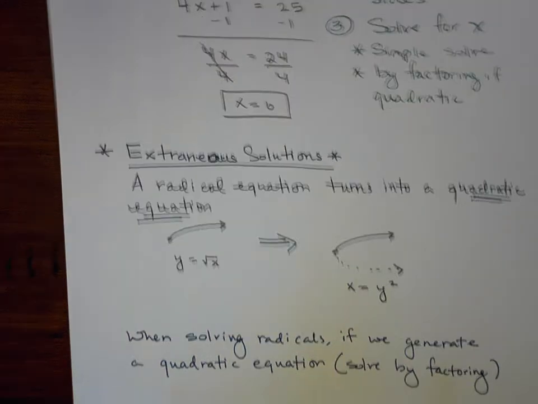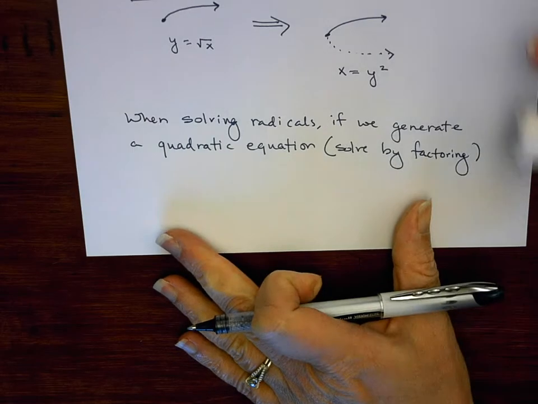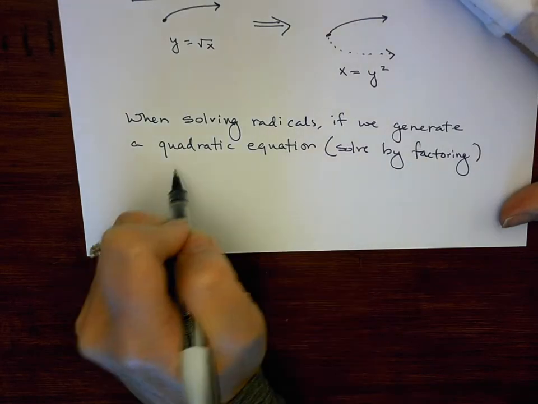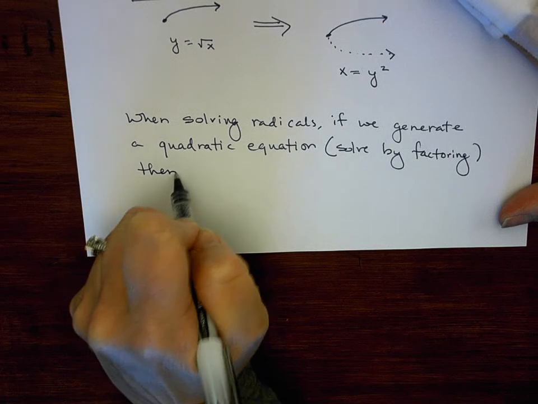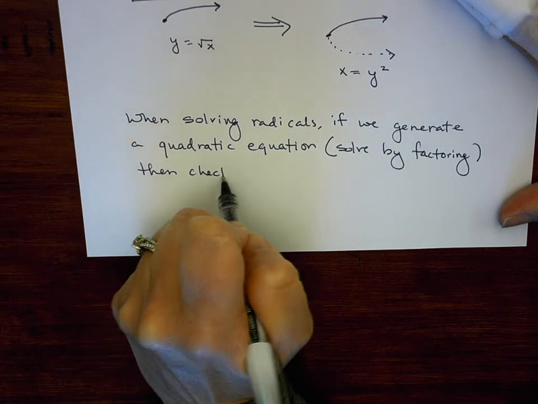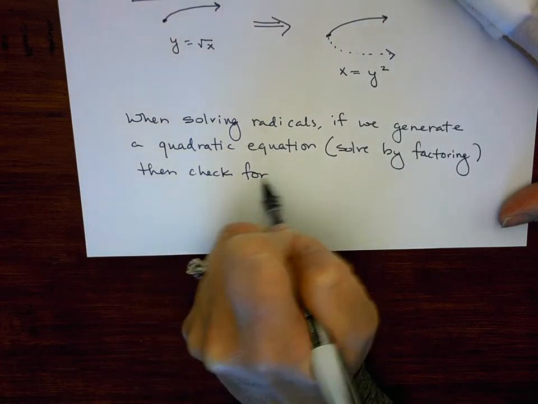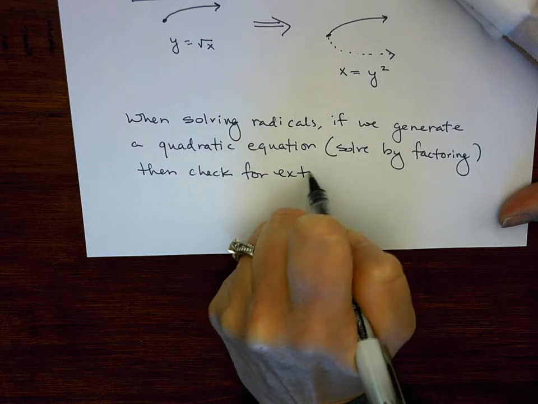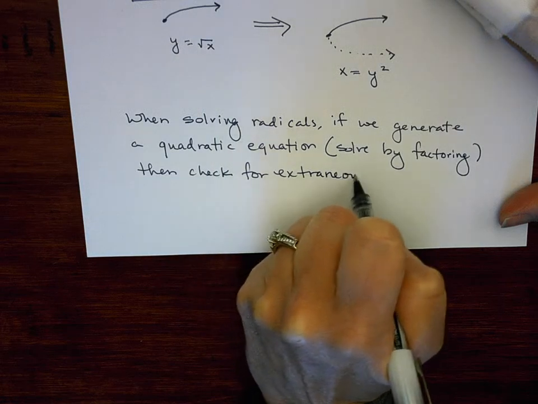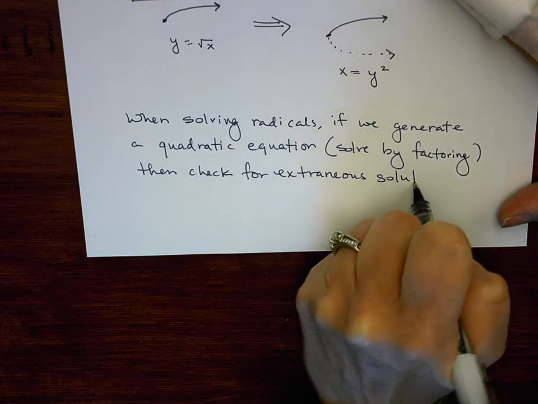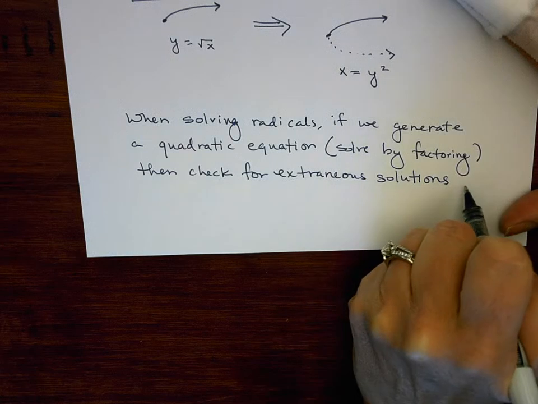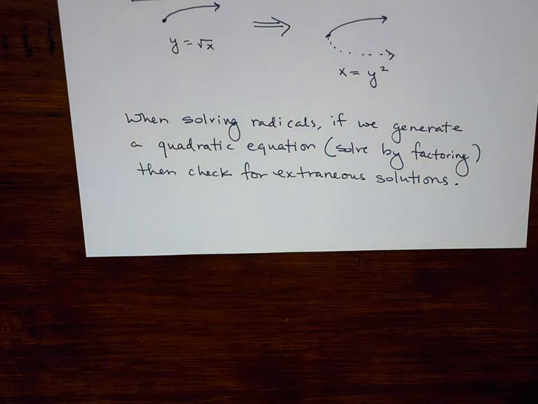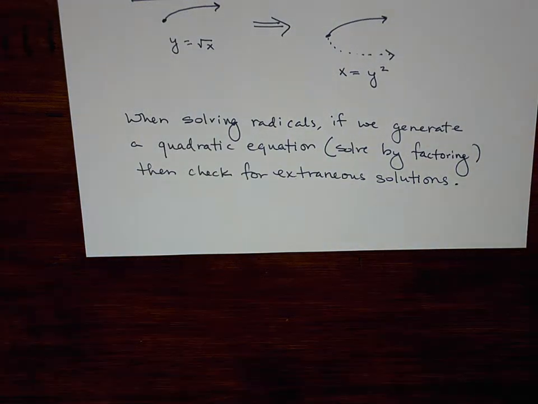then we check for extraneous solutions, meaning we get a false answer. So an extraneous solution means we get two answers, but one of them really doesn't work.